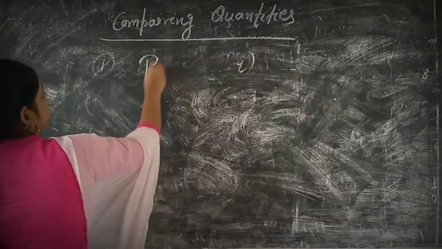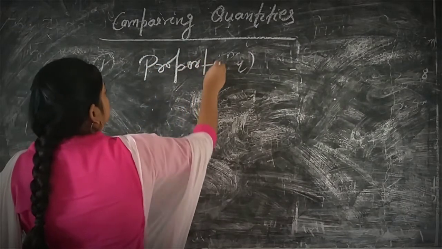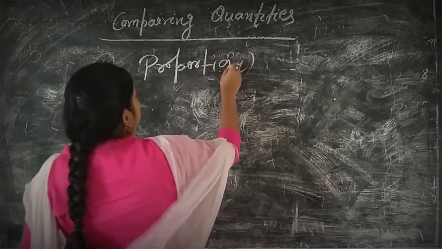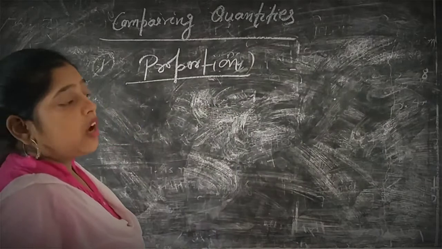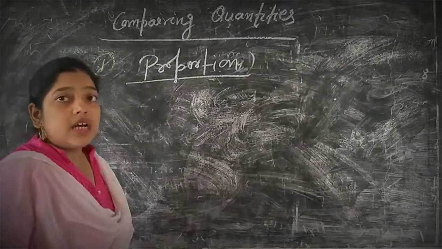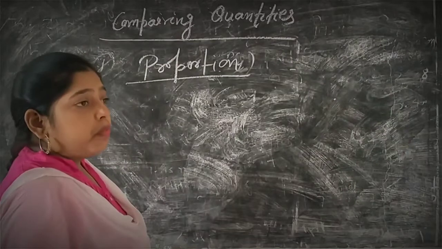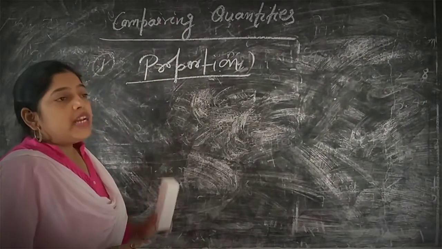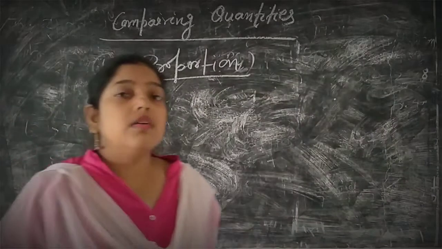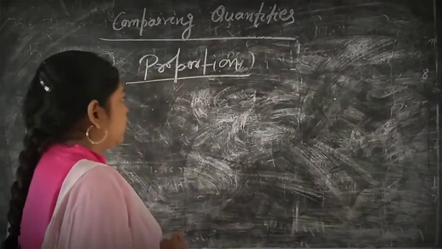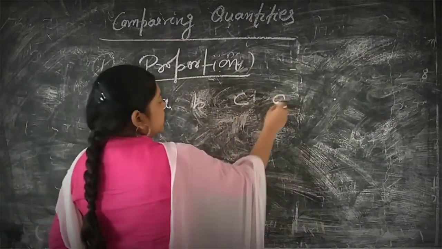In Hindi, ratio means anupat and proportion is samanupat. Samanupat means all the values are equal. In proportion there are four terms. We write A, B, C, D.